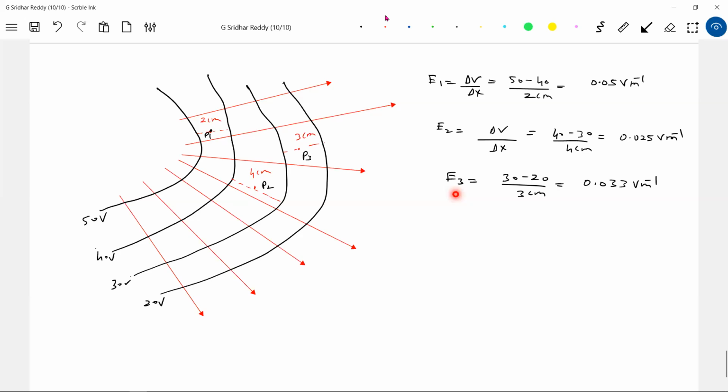Sir, centimeter is in the denominator, no, sir? So it will be multiplied by 100. Multiply by 100, no? 50 will become 500. So this will be 250.